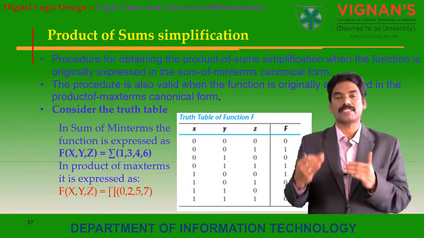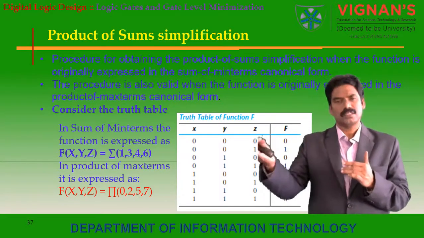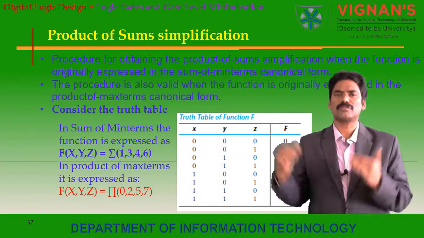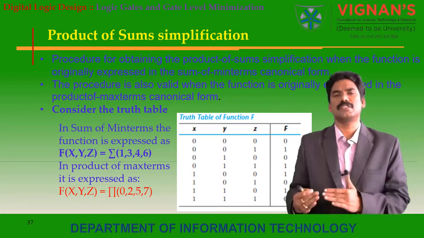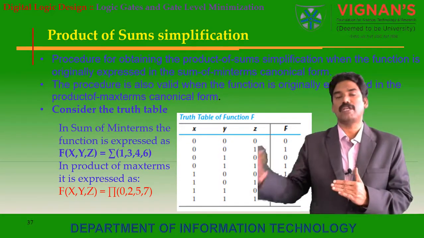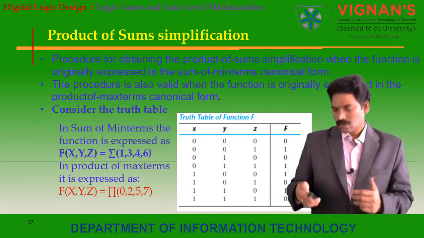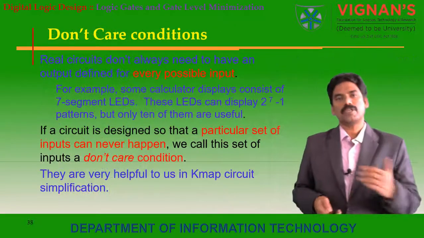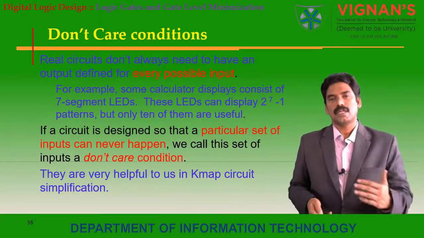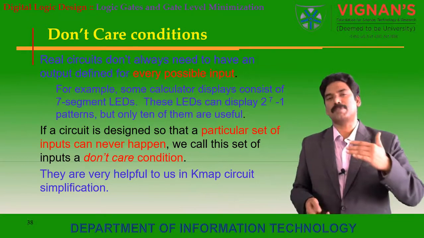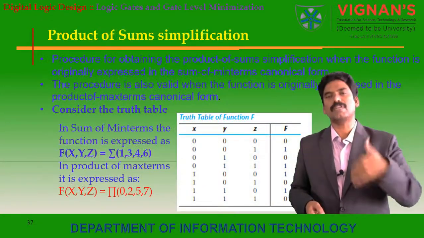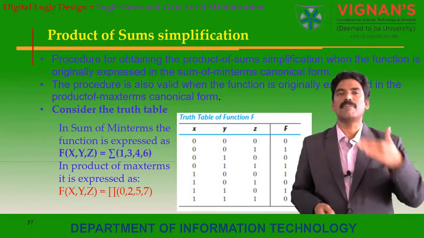In product of max terms, that is, product of sums over the 0s, f of xyz is equal to pi of 0, 2, 5, 7. So this is one way of expressing, and this is another way of expressing, simplifying product of sums.